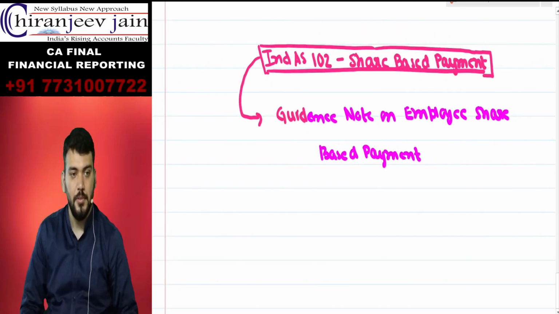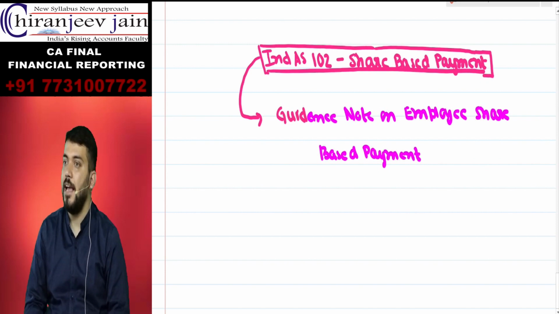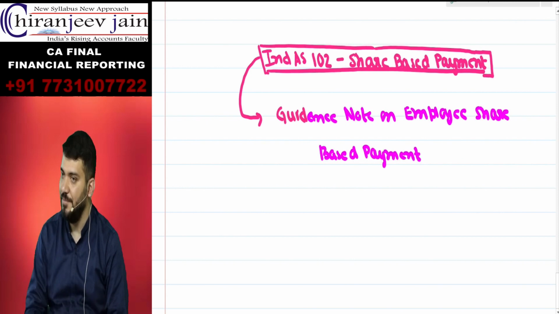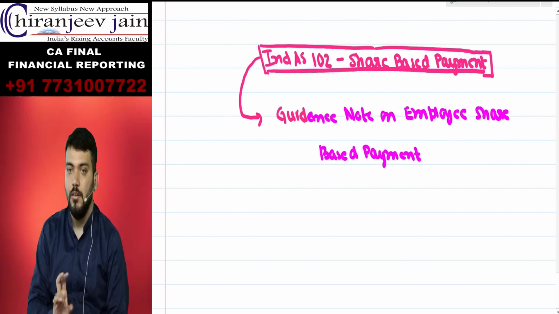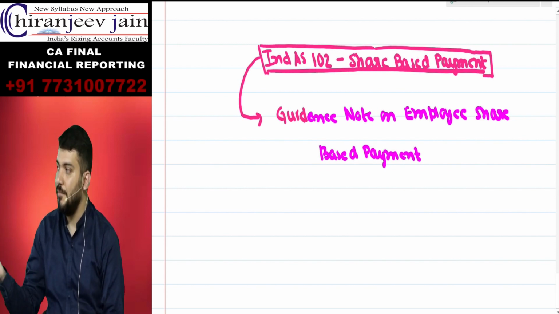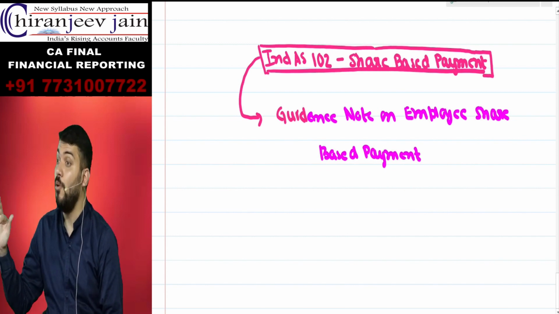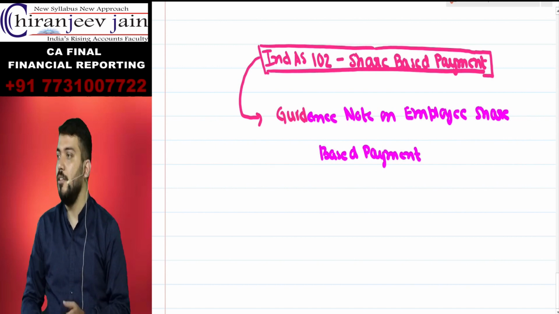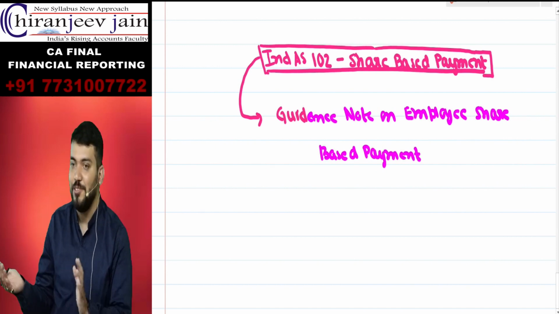Understood? So what I have said is that in IPCC you have done this chapter based on the guidance note issued by ICAI. Now, Ind AS 102 name is what? Share based payment. And the guidance note was on employee share based payment. Means can I say there can be non-employee share based payment also?